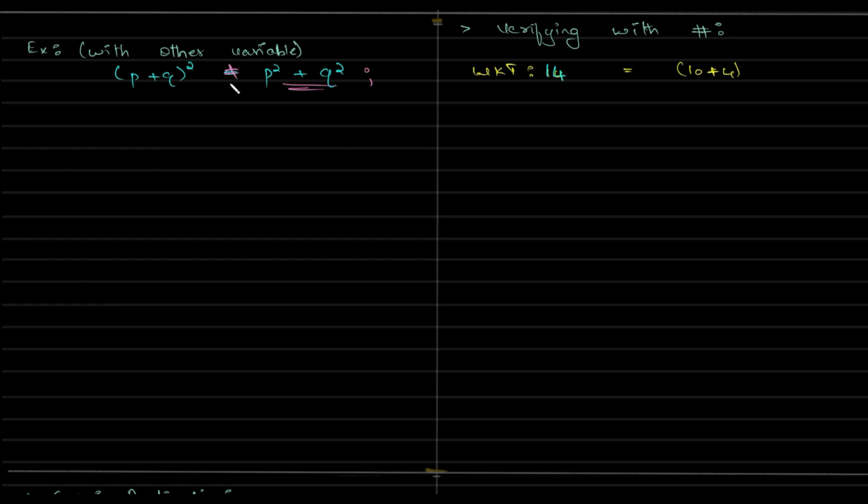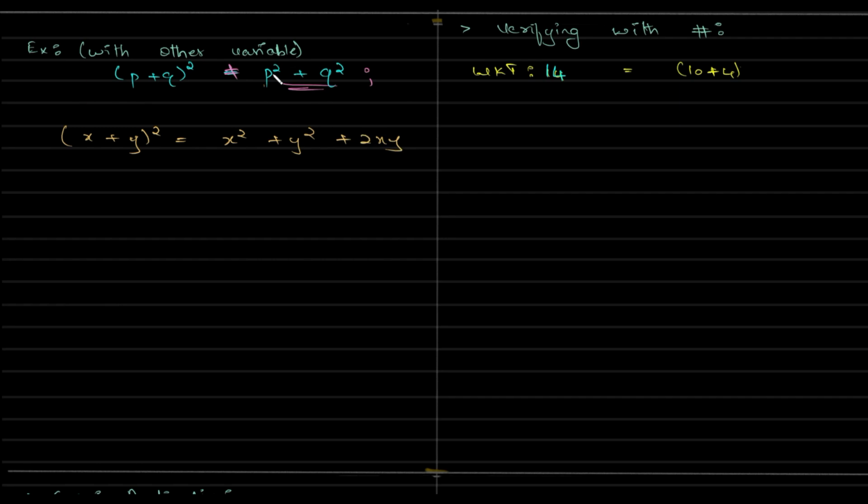So we are not just telling you what you have to learn, we are also telling you what you can go wrong with, and the general pattern of someone going wrong. Got it? So (p plus q) the whole square is not p square plus q square. Then we can use any variable: (x plus y) the whole square will be x square plus y square plus 2xy.